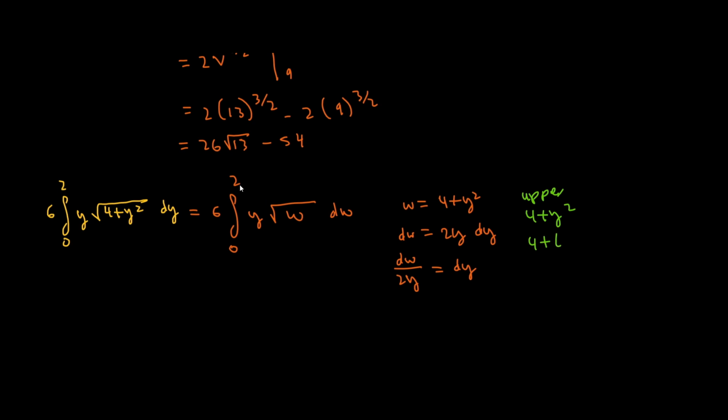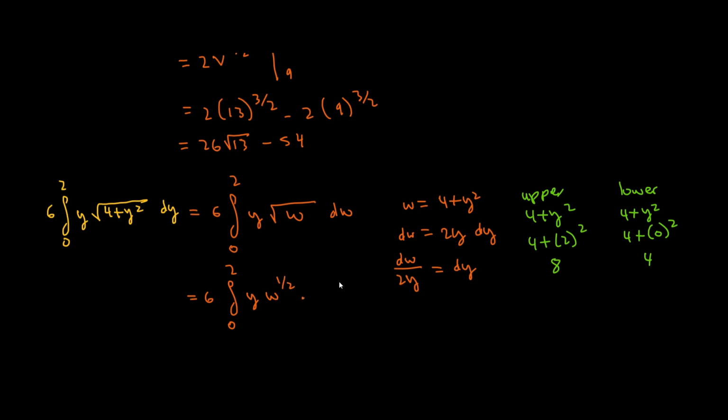The upper limit here is 2, so this is just going to give you 8 for the upper limit. Let's do the lower. That should just give you 2, obviously. All right, let's rewrite this, the w as an exponent.